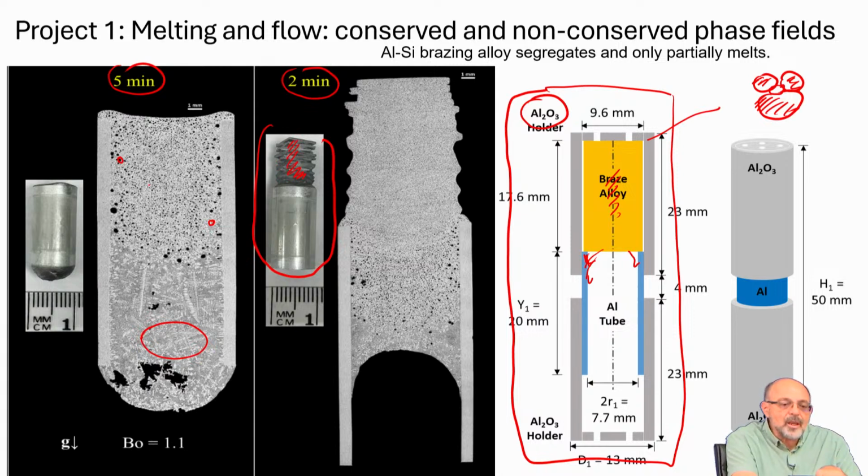So what you are seeing here is grains of aluminum, right, white, and then the liquid has solidified in a spherical shape. This is aluminum silicon liquid.